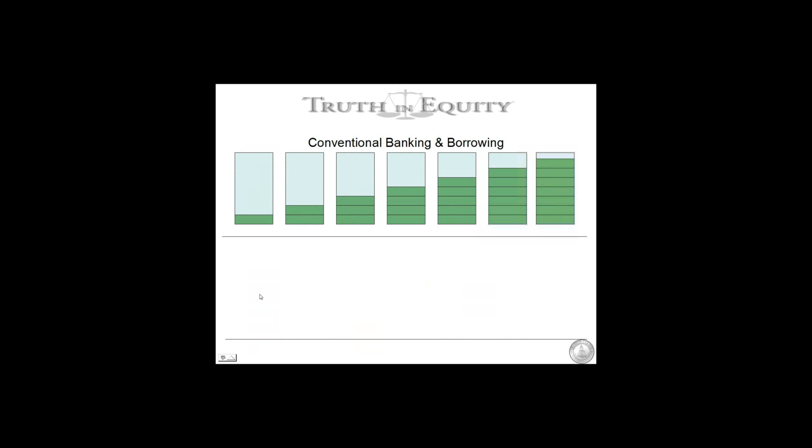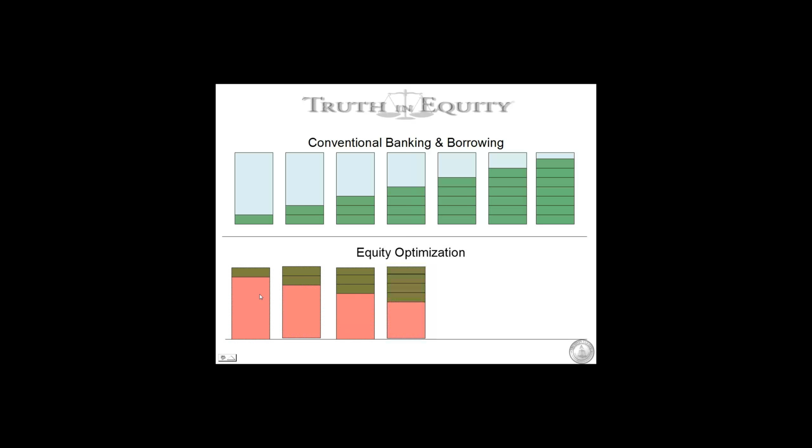So, if we look at a month-by-month situation, conventional checking account, money in, there's our surplus. It just grows and grows and accumulates in the checking account. When we're on the debt side of it, same surplus, same amount of money, it accumulates in the line of credit, and it pays back debt.